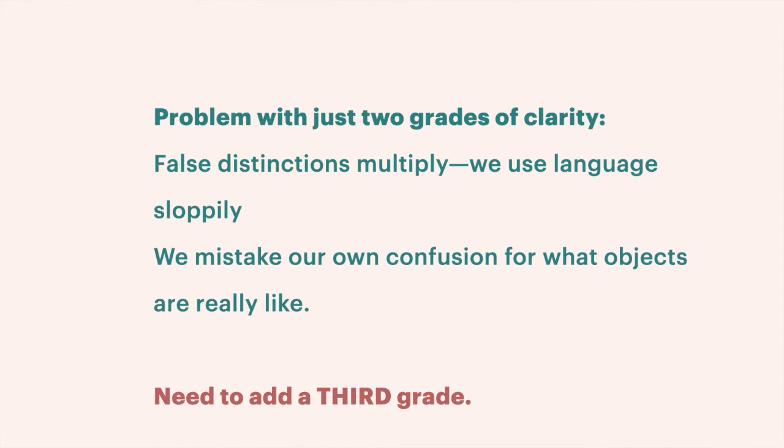Now, the problem with having just two grades of clarity, according to Peirce, is that many false distinctions can multiply, right? We use language in sloppy ways, and sometimes we mistake something we're confused about for what objects are really like. And so he says, to these two very important grades of clarity, we need to add a third.